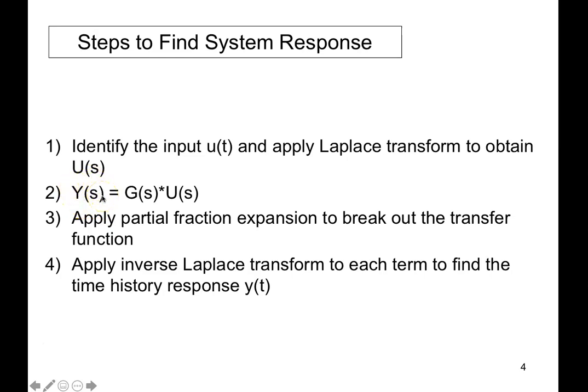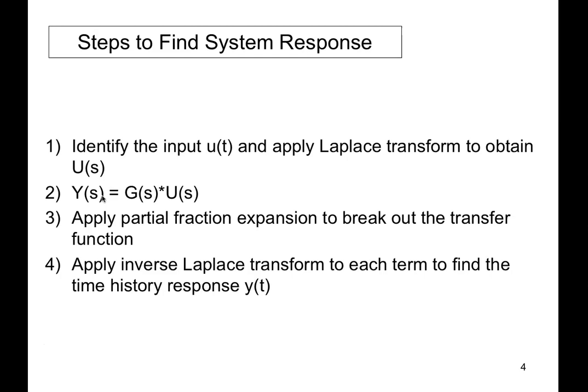Now, inverse Laplace transform sometimes requires a little bit of reformatting of your equation. And typically, we need to apply partial fraction expansion to break up the transfer function, because sometimes they have quite a complex format. We will use an example to show that. And then we can apply inverse Laplace transform.